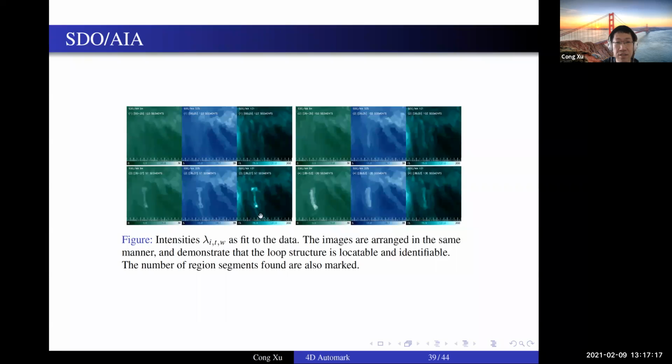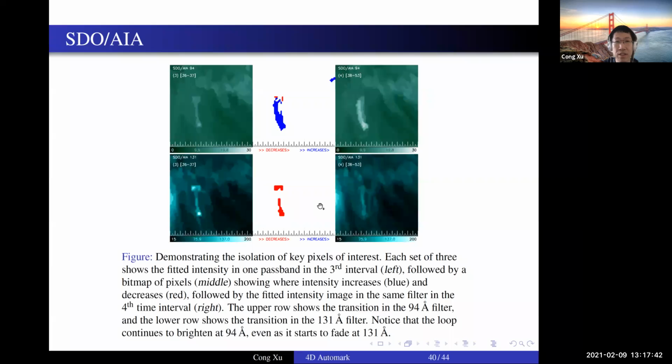In that case, it's hard to find the location of the change point based on the light curve of the whole image itself, because there are many other things. So when you only look at the light curve for the whole image, it's pretty hard to see what happened here. So right now we just use the method we mentioned before to detect the key pixels.